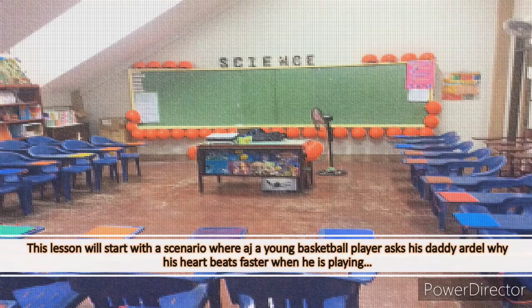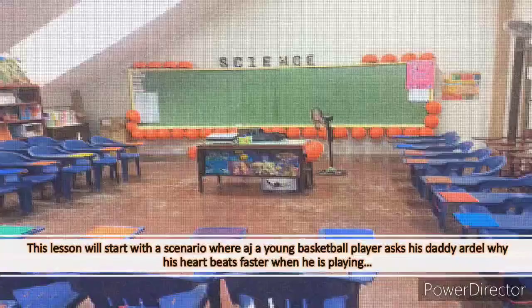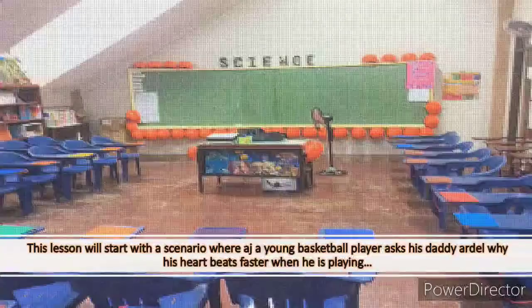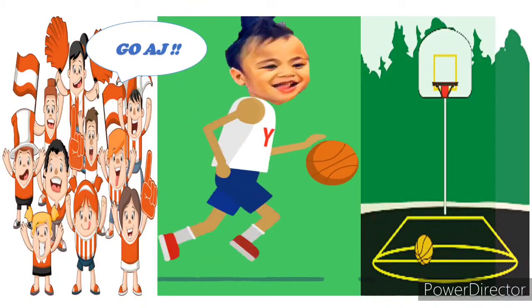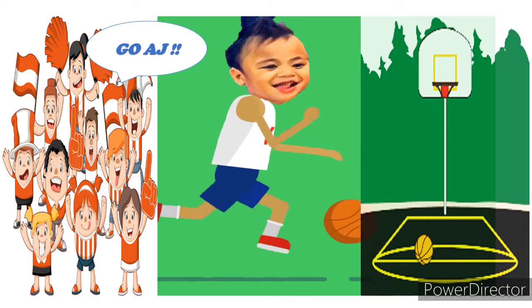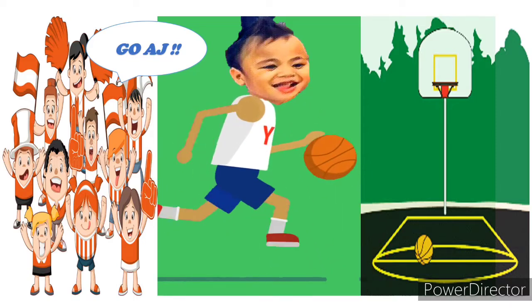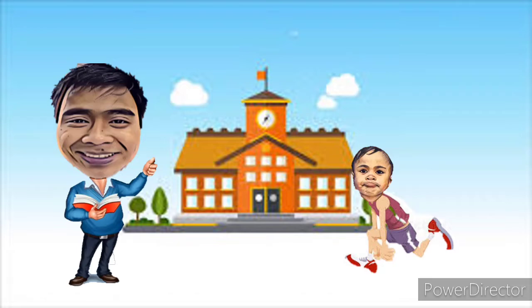This lesson will start with a scenario where AJ, a young basketball player, asks his daddy Ardel why his heart beats faster when he is playing. I'm so tired, Daddy!